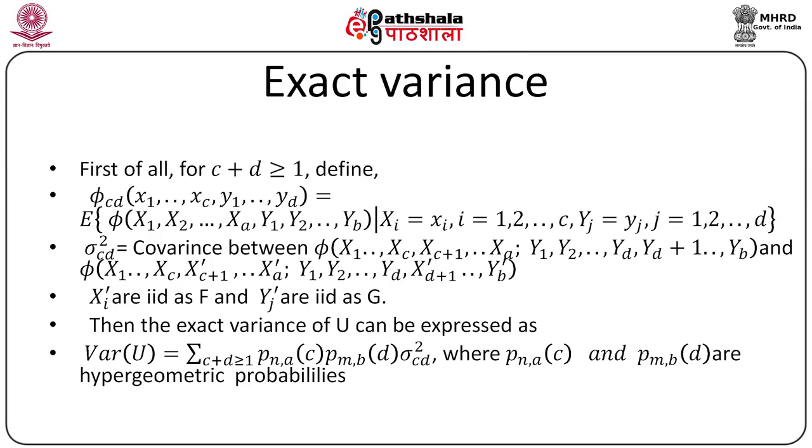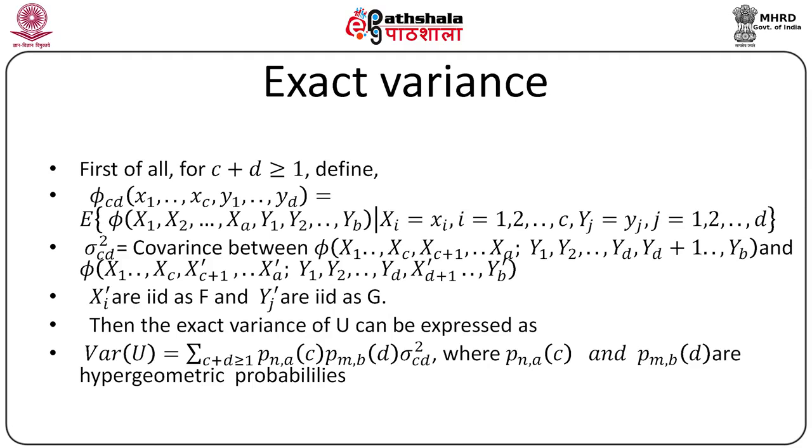First of all, assume that C and D are such that C plus D greater than or equal to 1. Now, define phi CD with arguments x1, x2 up to xc and y1, y2, yd as expected value of phi x1, x2, xa, y1, y2, yb given Xi equal to small xi for i from 1 to c and capital Yj equal to small yj for j equal to 1 to d. Naturally, the suffix of phi represents the number of x and y variables which are held fixed.